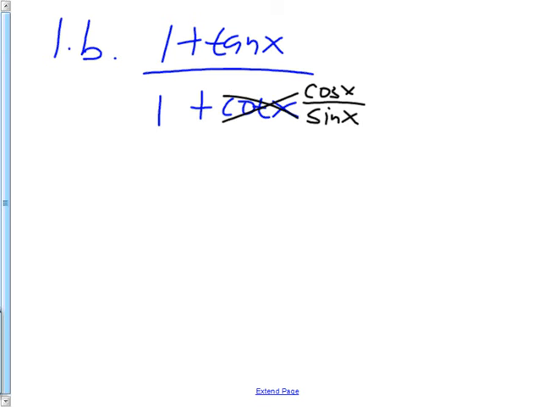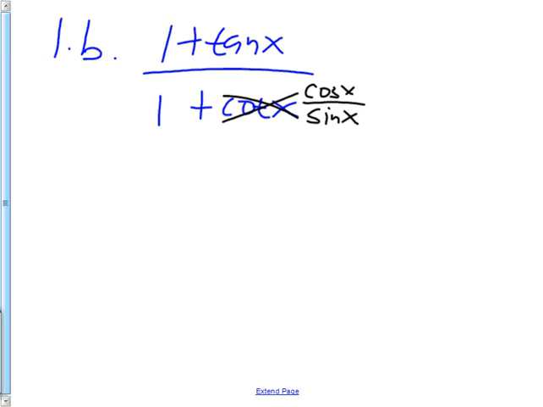And what's tangent the same as? Sine over cosine. But there's a better way, because this way you'd have to get common denominators. Do you get how you'd have to have a common denominator? 1 plus this thing, and that's got a denominator of cosine x. You'd have to make this 1 into a cosine x over cosine x, and then you'd have to add them together and flip and multiply, and it would be ugh. So there's a better idea.